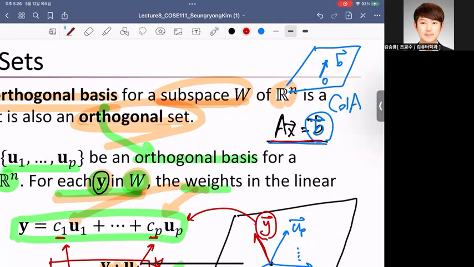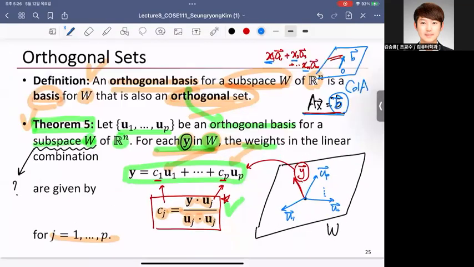It was the linear combination of the column vectors, 그렇죠? x1 a1 plus x2 a2, up to xn an. Then the question was how to find the x coefficients.